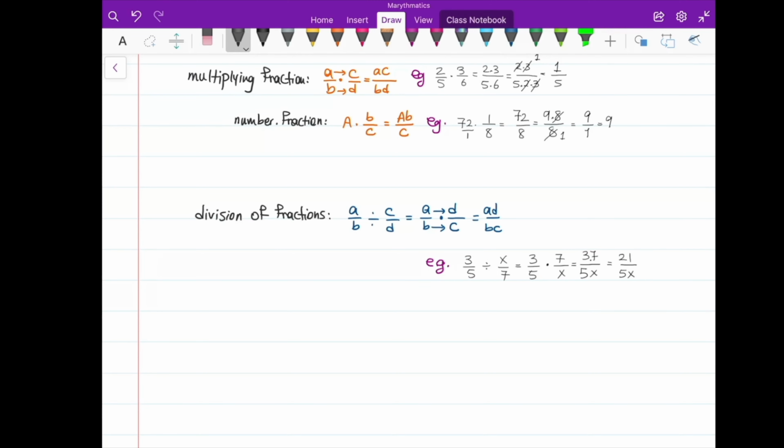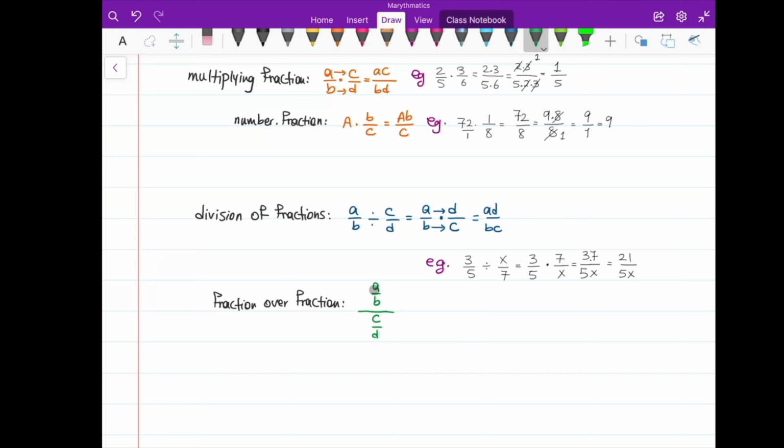On this part, we have also a fraction over a fraction. So how does this one work? Well, if I have a over b over c over d, you see I have a big fraction, a fraction on top and a fraction on the bottom.